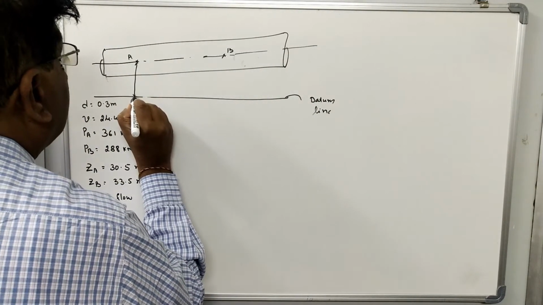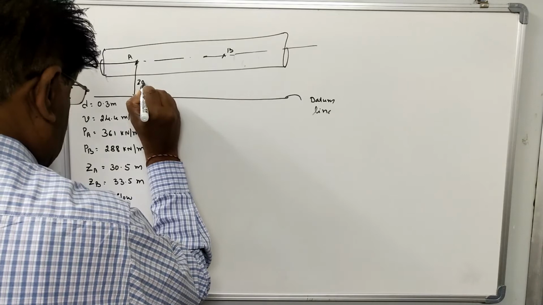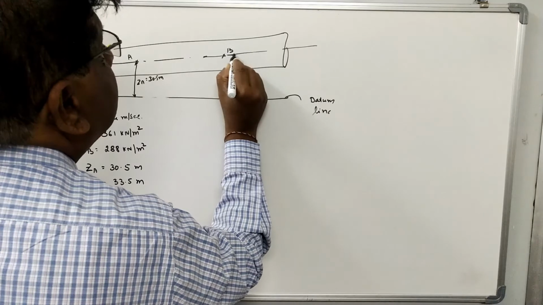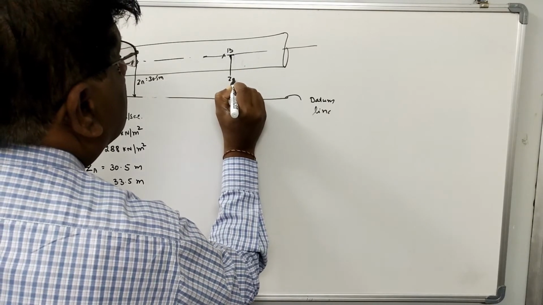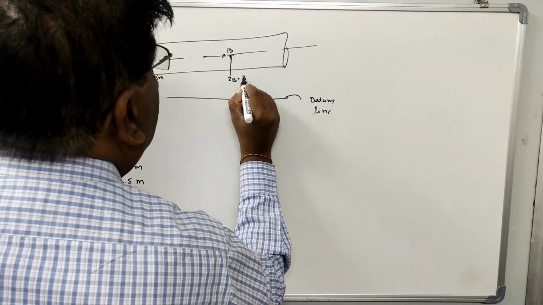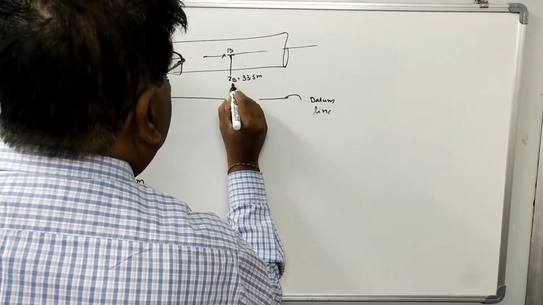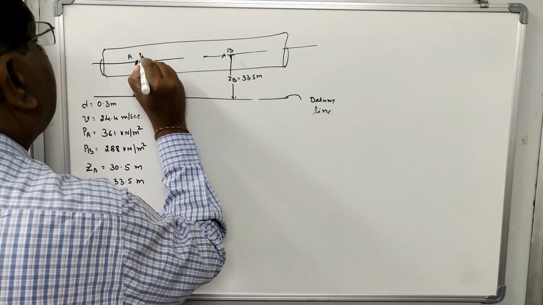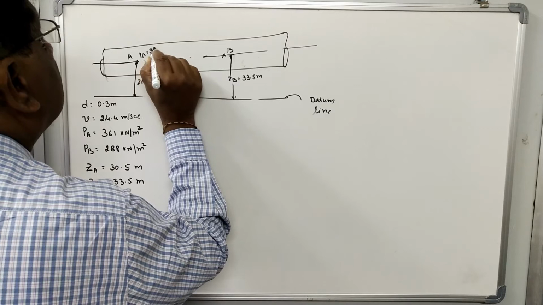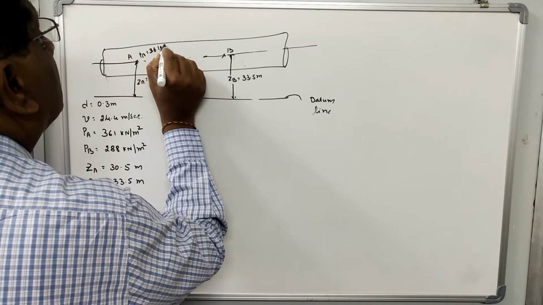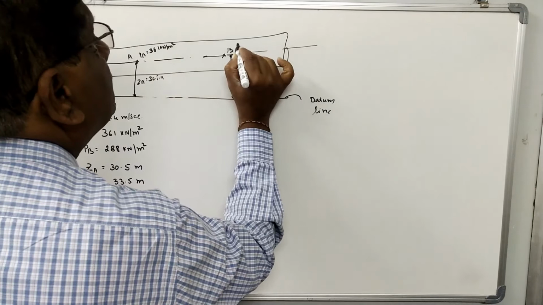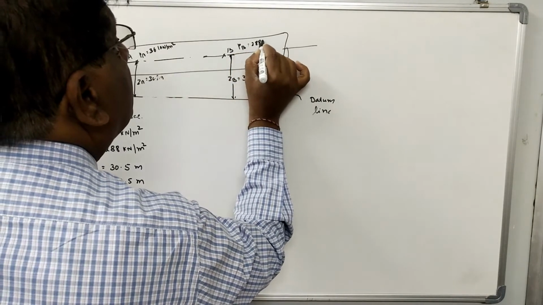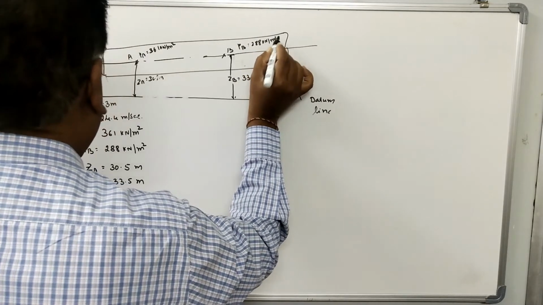This is ZA, 30.5 meter, and this is ZB, the datum head, 33.5 meter, and the pressure at point A, PA, is 361 kilonewton per meter square, and the pressure at point B, PB, is 288 kilonewton per meter square.